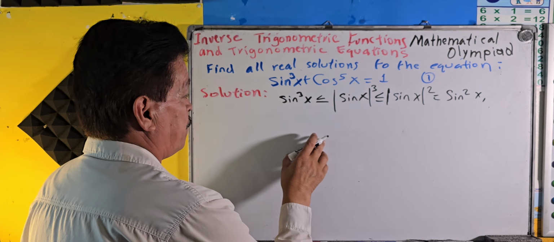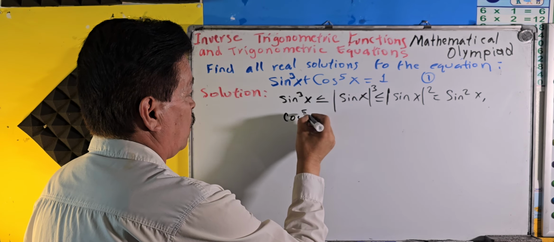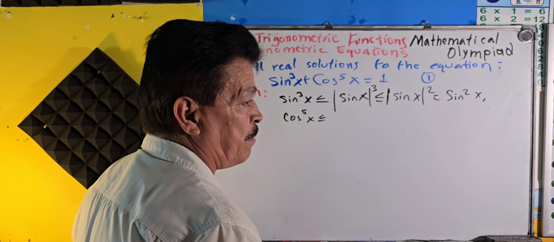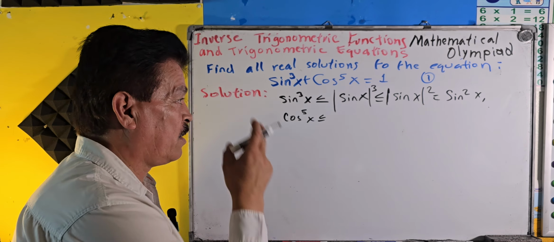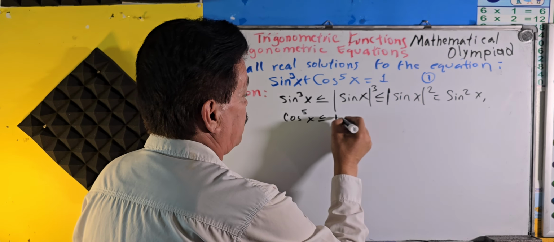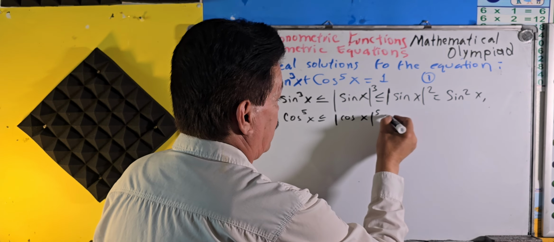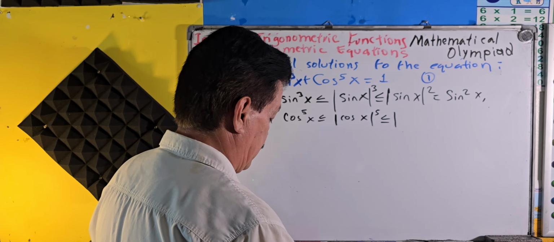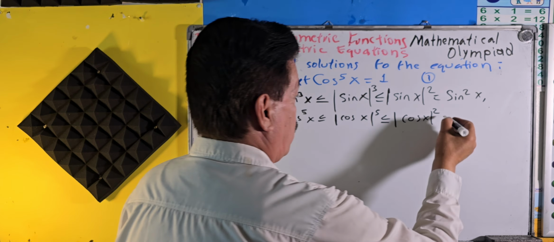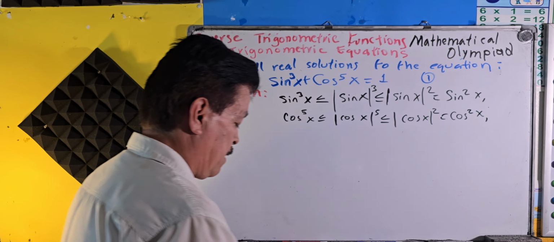The other thing is if we have cosine to the fifth power x, remember the properties and the qualities I gave you before. So cosine x to the fifth power is less than or equal to cosine x to the second power, which equals cosine to the second power x, right?